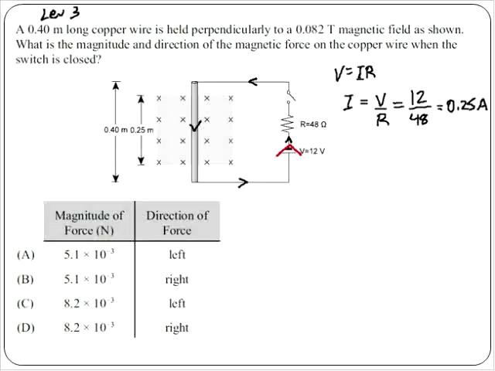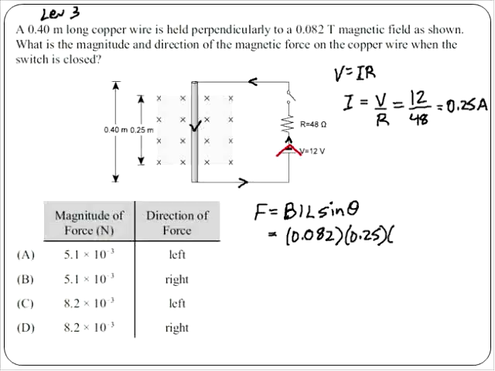Then, once you know what I is, now you can use this equation, F equals BIL sine theta, plugging in all the numbers you're given. The B is given, 0.082. The current we just found, 0.25.